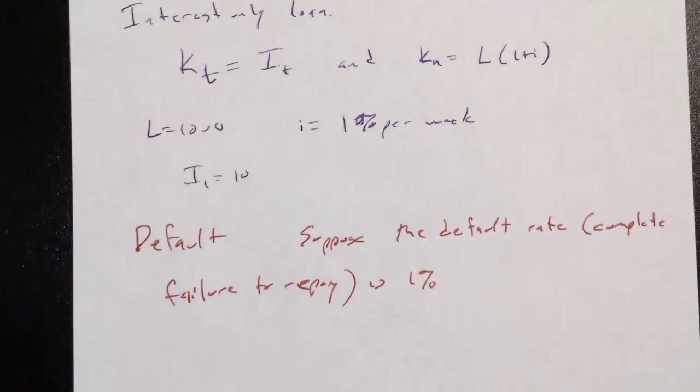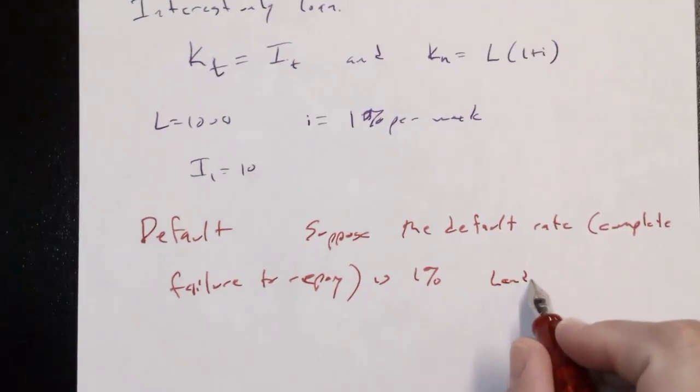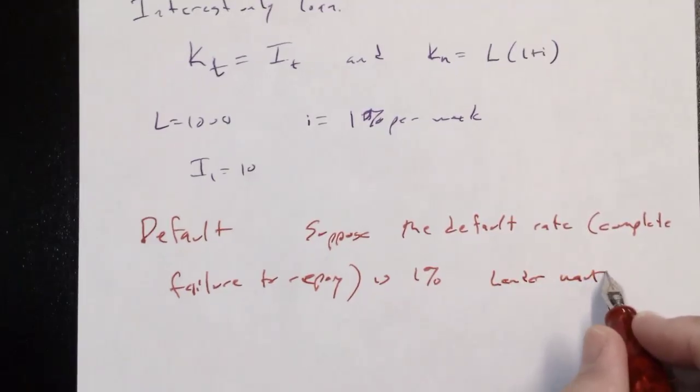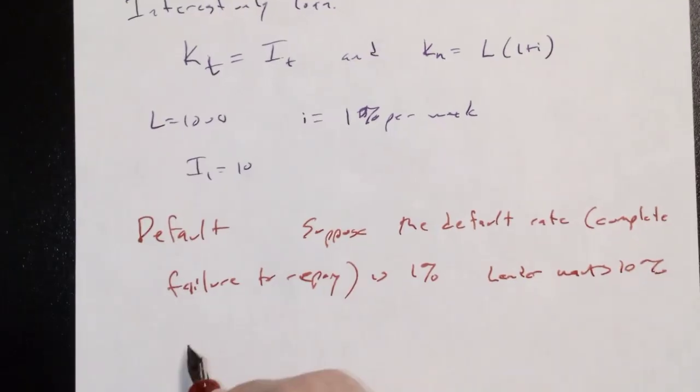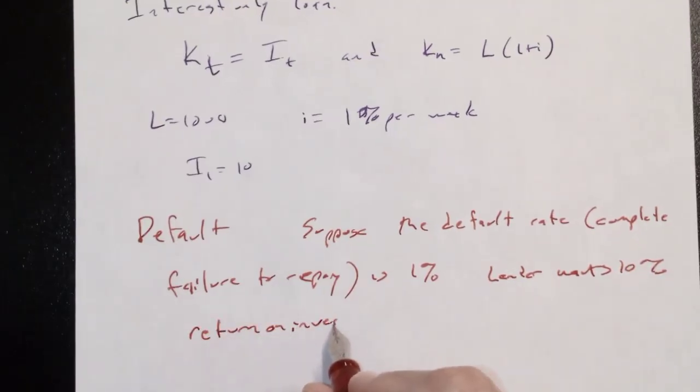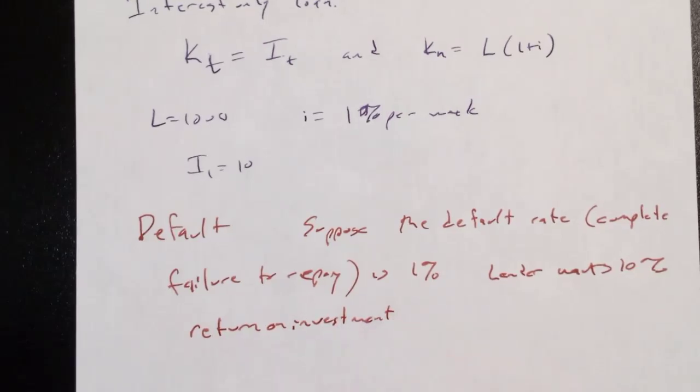So I know that I need to make 10%. If I thought everybody was going to pay me back, then I would just charge 10%, right? But I think some of these people aren't.